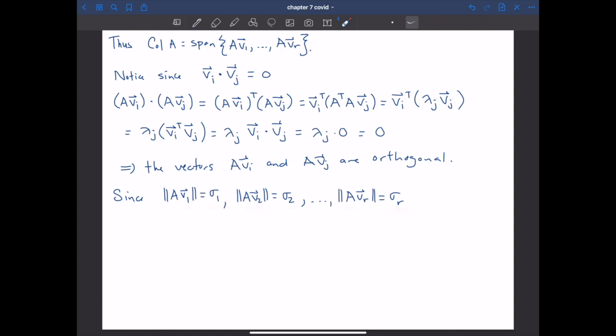So the length of each of these vectors is just equal to the corresponding singular value. And remember, we were assuming that the first r singular values were all non-zero.